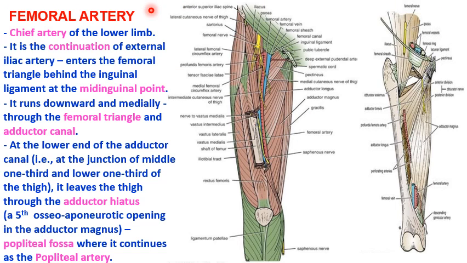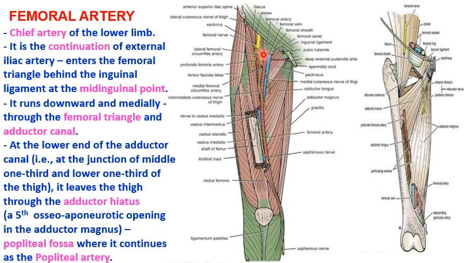Now the femoral artery, which is the chief artery of the lower limb, this one is the femoral artery. This is the femoral artery, which is cut here. As we have removed the superficial muscles, this is how the adductor magnus and brevis are exposed to show the osteoaponeurotic opening.